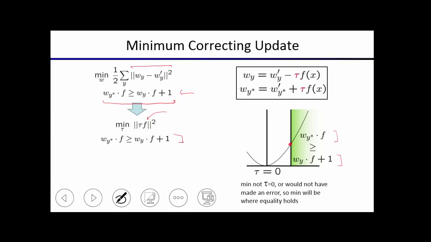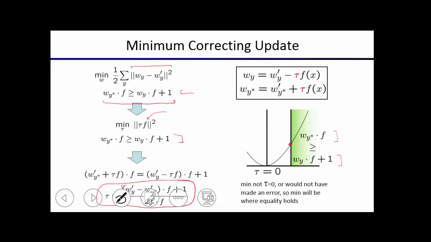You just need to solve a system of equations between these two functions, and it comes out to be this right here. It makes sense because your tau is going to be bigger based on the difference between the classification before and after.